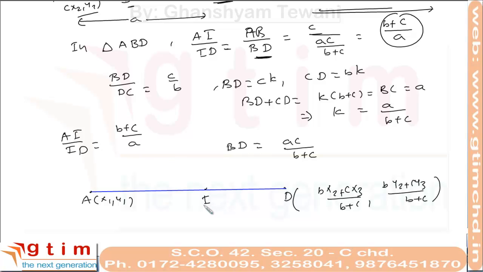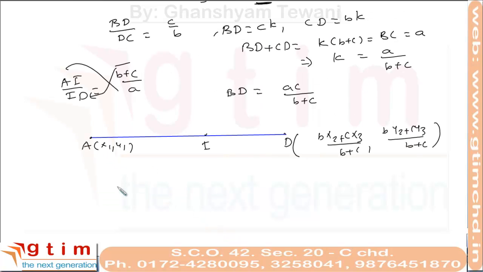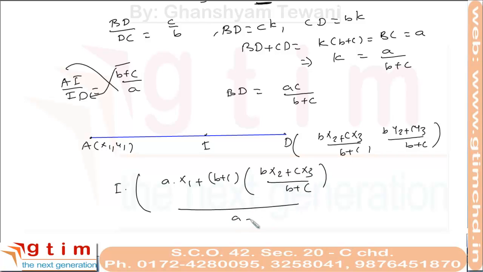So coordinates of I will be: a will multiply with A and b plus c will multiply with D. Using section formula, coordinates of I are a times x1 plus b plus c times the abscissa of D. Similarly, we have the y coordinate.